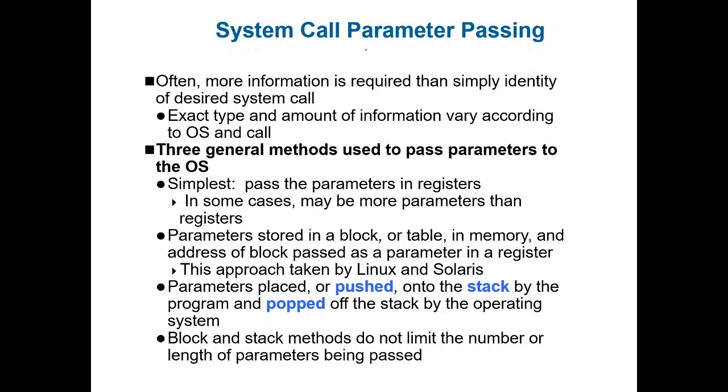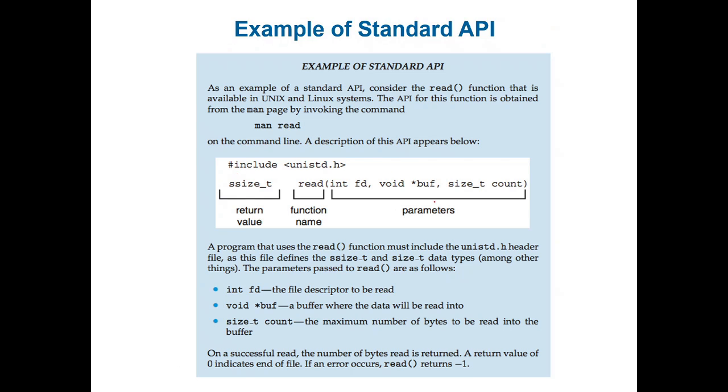System call parameter passing. There are three general methods used to pass parameters to the OS. In the previous video we have seen that API: this is a system call name, function name, and the various parameters are passed here.